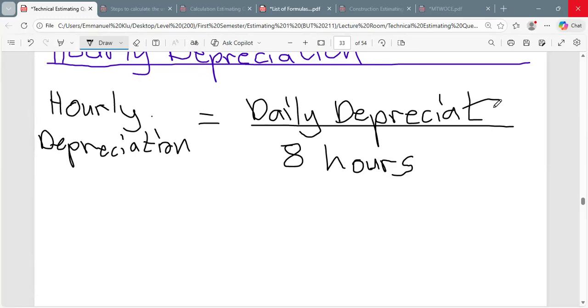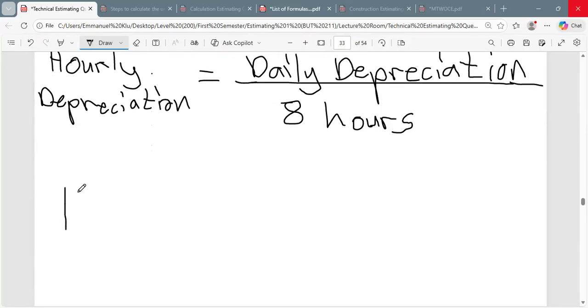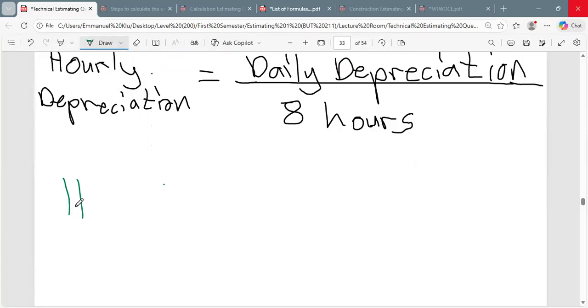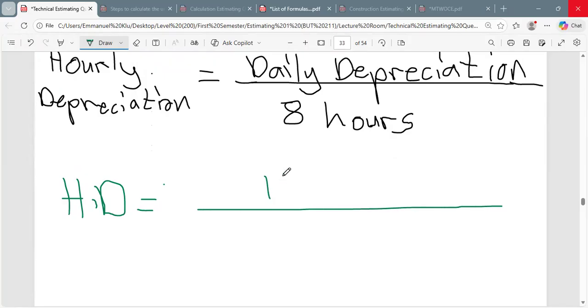Now we are saying that our hourly depreciation can be equal to, for the daily depreciation, we had 100, over the 8 hours.